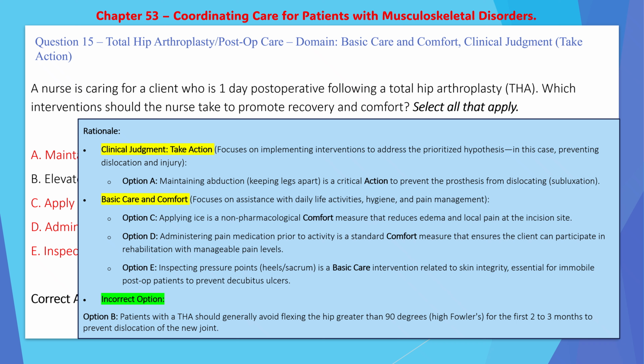Incorrect option B: a patient with total hip arthroplasty should generally avoid flexing the hip greater than 90 degrees, and avoid falls for the first 2 to 3 months to prevent dislocation of the new joint.